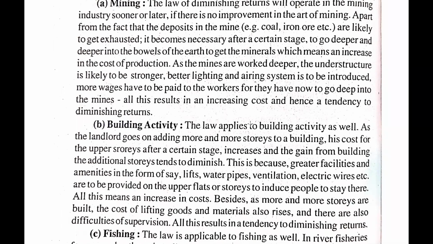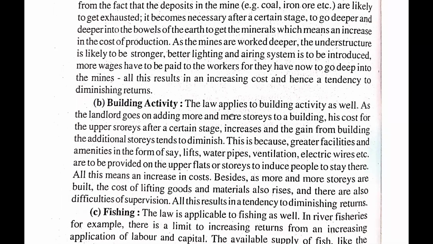Now we will see how this law applies in building activity. As the landlord goes on adding more and more storeys to a building, his cost for the upper storeys after a certain stage increases, and the gain from building the additional storeys tends to diminish. This is because greater facilities and amenities, in the form of, say, lifts, water pipes, ventilation, electric wires, etc., are to be provided on the upper floors to induce people to stay there.